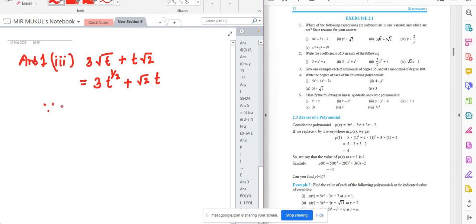Since n does not belong to whole numbers, therefore we can say that it is not a polynomial.